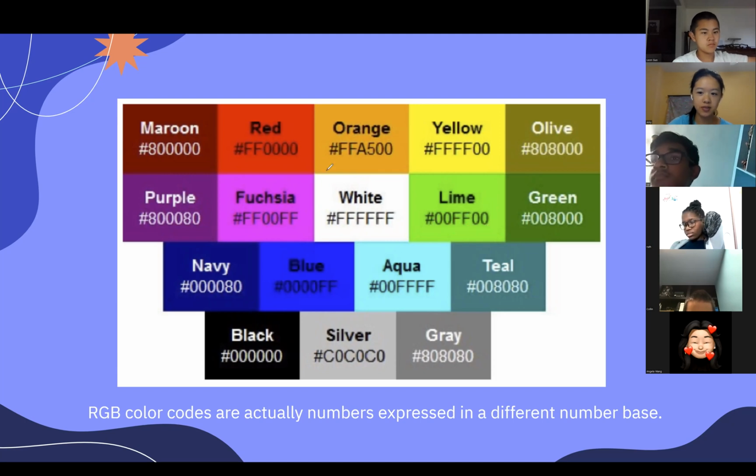Something you might find interesting about hexadecimal is that in base 10 you have the digits 0 through 9, but in hexadecimal, how many digits do you need? In base 16, how many digits will you need in order to make it work?